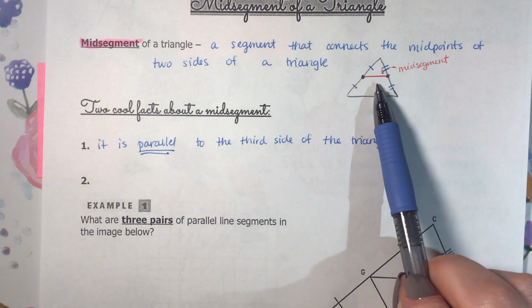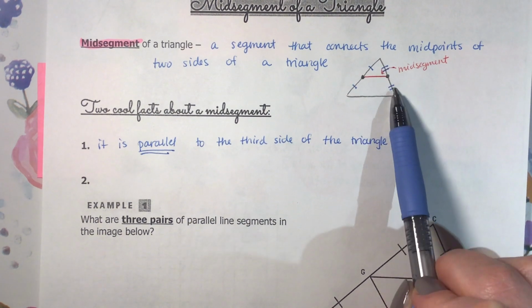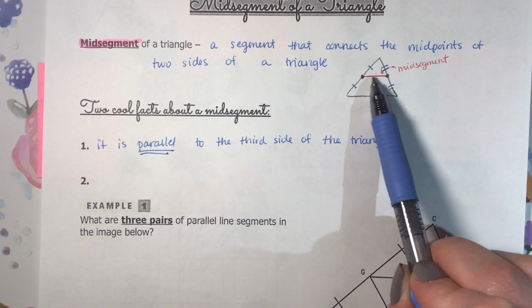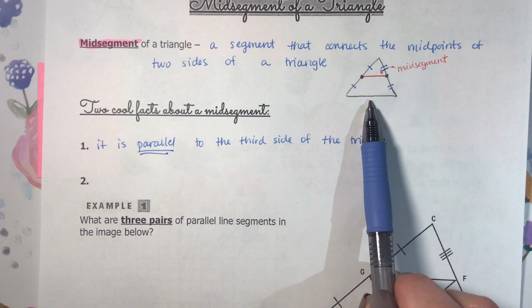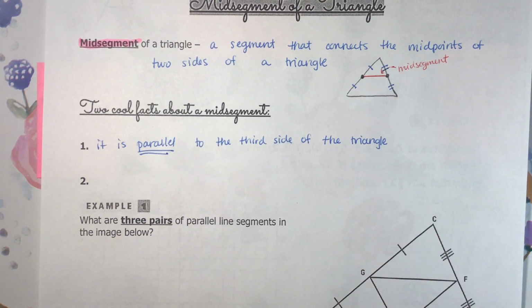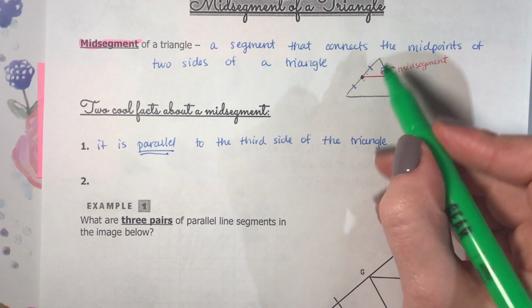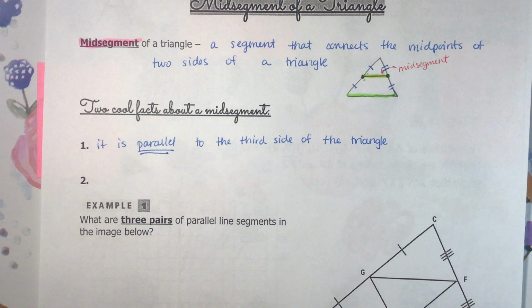So if we go up here and look at this image again, notice how the left side and the right side are kind of touching this segment. So the third side would be whichever one is left over, whichever side is not touching the midsegment. So that means this line and this line are parallel. I'll highlight them just so you can see their relationship. So this line and that line are parallel to each other.